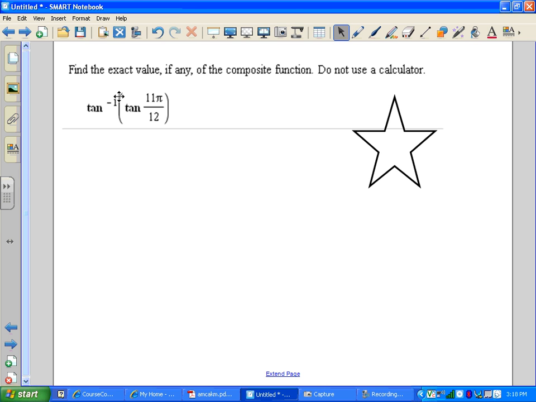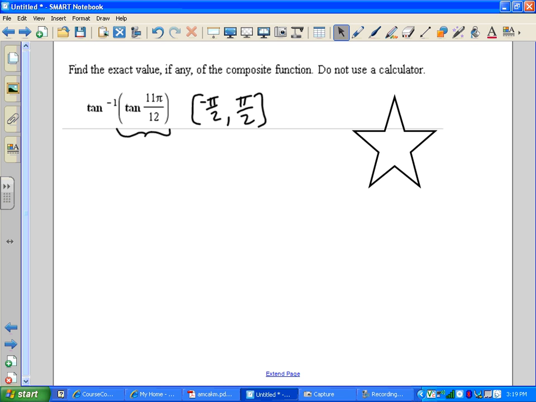The tangent of 11 pi over 12 has to be in either the fourth or the first quadrant, so it has to lie between negative pi over 2 and pi over 2.